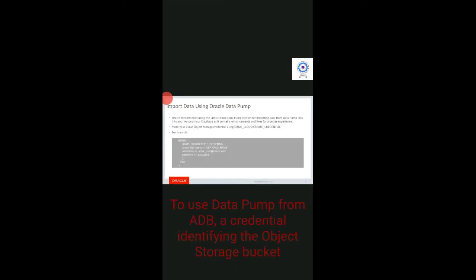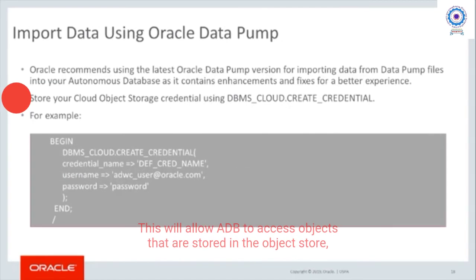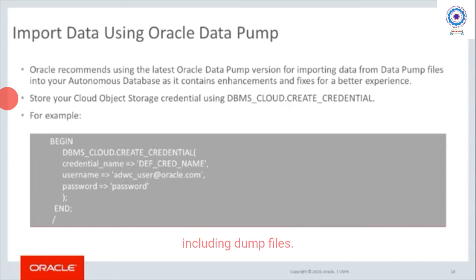To use DataPump from ADB, a credential identifying the object storage bucket to use must be defined with the DBMS_CLOUD.CREATE_CREDENTIAL function. This will allow ADB to access objects that are stored in the object store, including dump files.